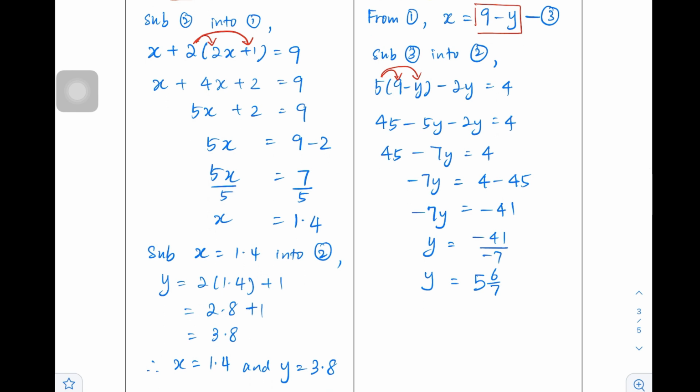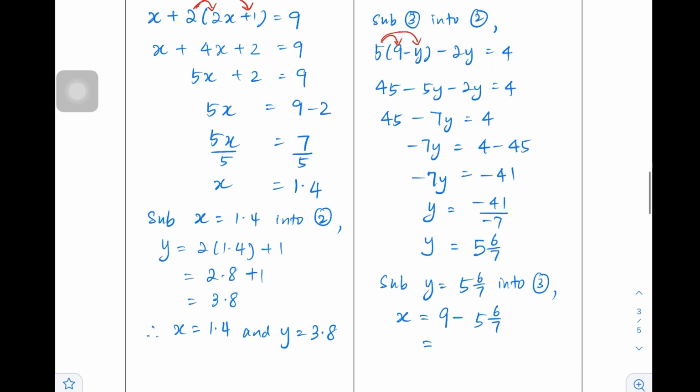After I have found y, I would need to substitute y equals 5 and 6 over 7 into equation 3. Again, I can substitute into equation 1 or 2, but it will be easiest to substitute into equation 3 since equation 3 already has x as the subject of the equation.